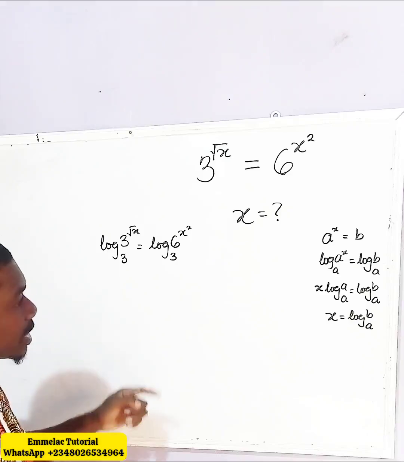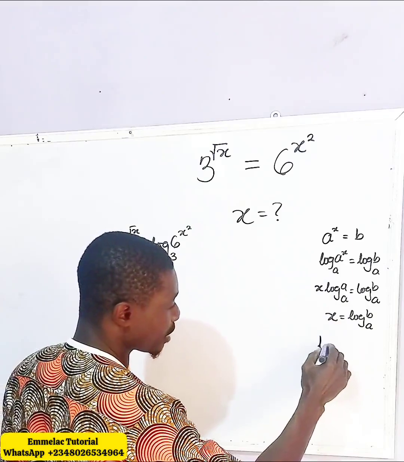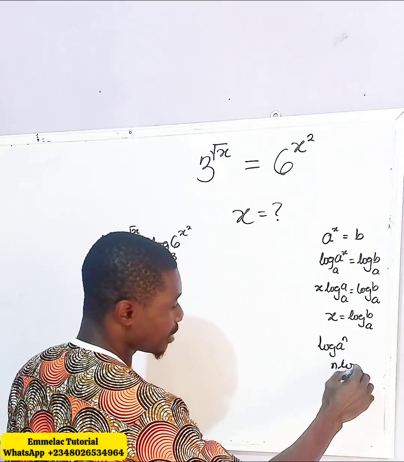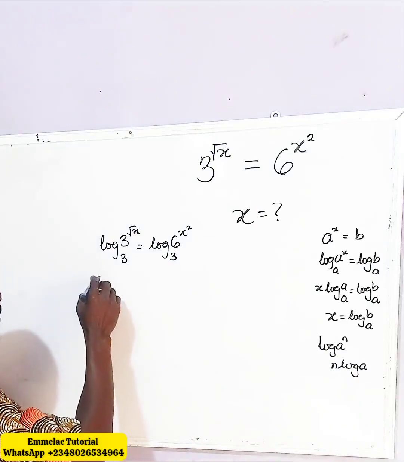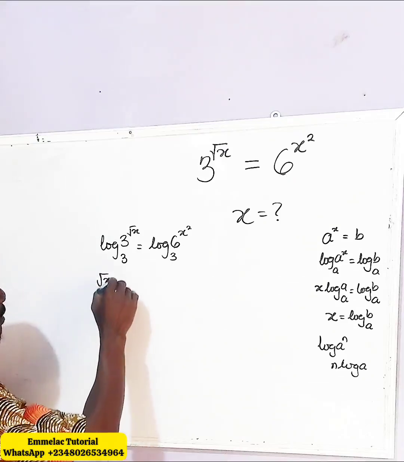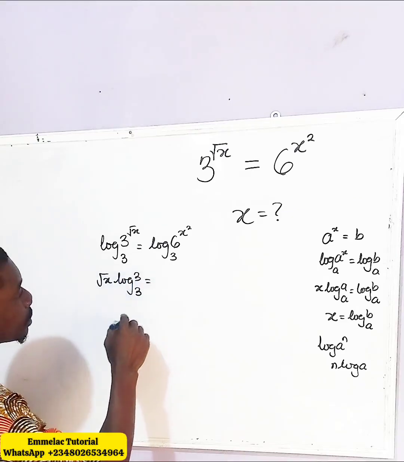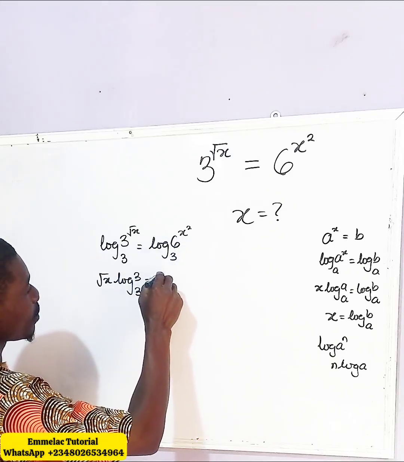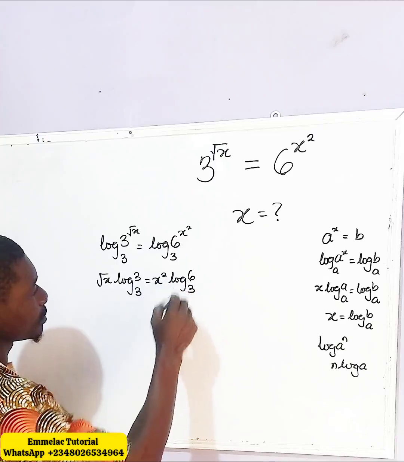I am applying the same rule: log a raised to the power of n is the same thing as n log a. I apply that here, so we have the square root of x log 3 base 3 equals, applying it on the other side, x squared log 6 base 3.